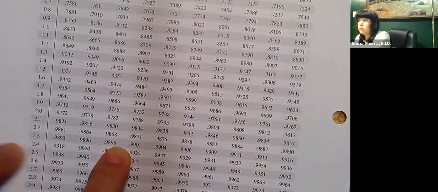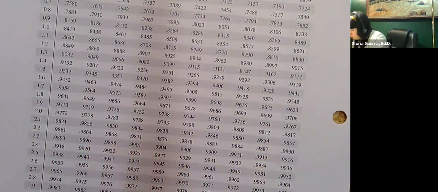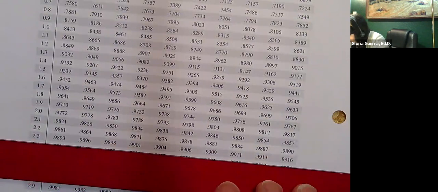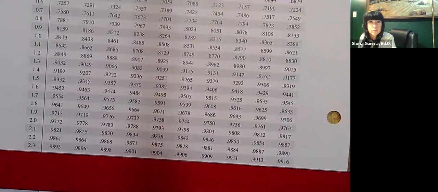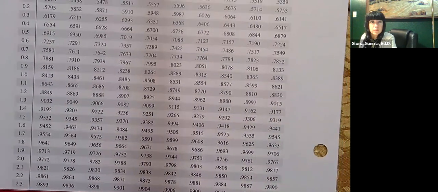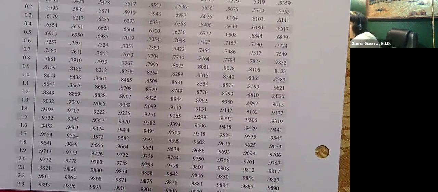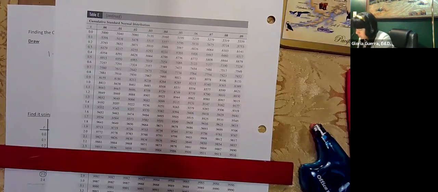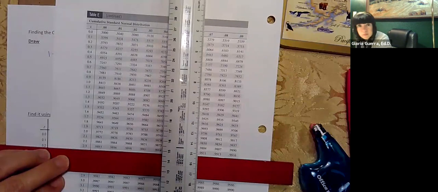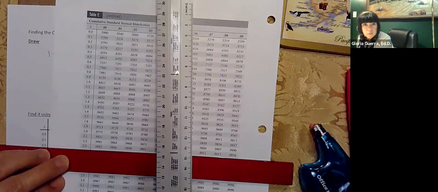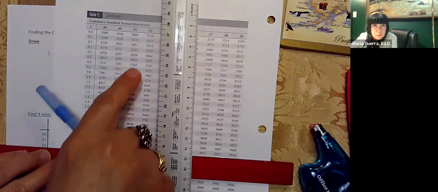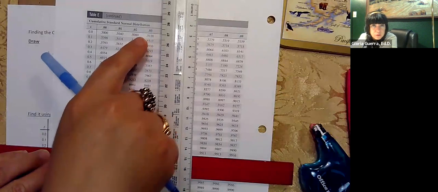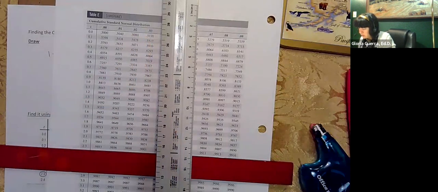So if I use my rulers, it looks like I'm looking at the 2.3, and yes, it looks like it's between these two, 0.02 and 0.03.